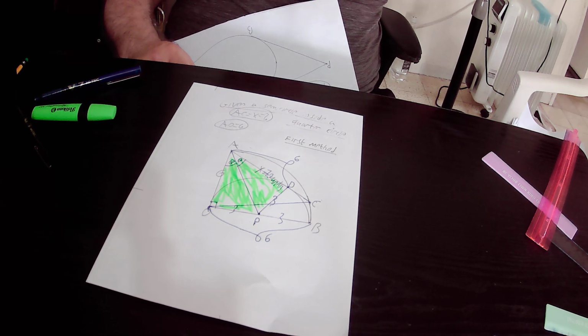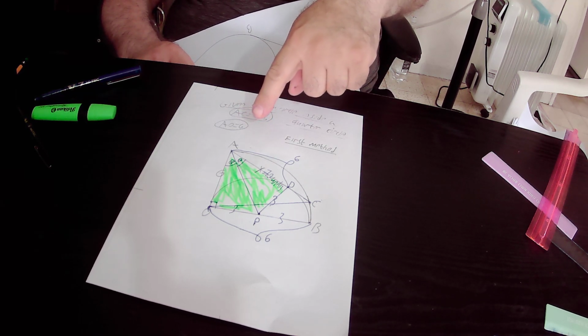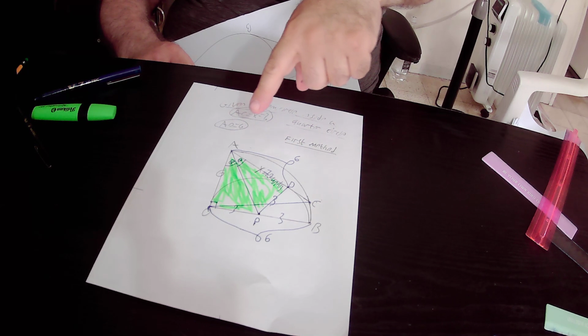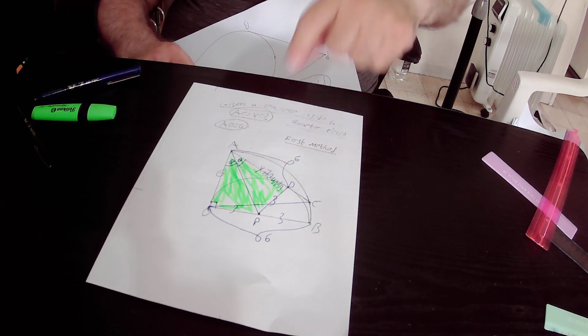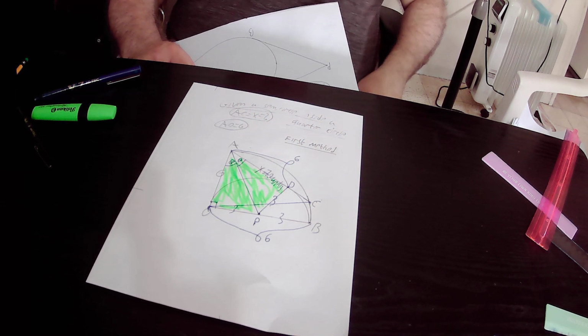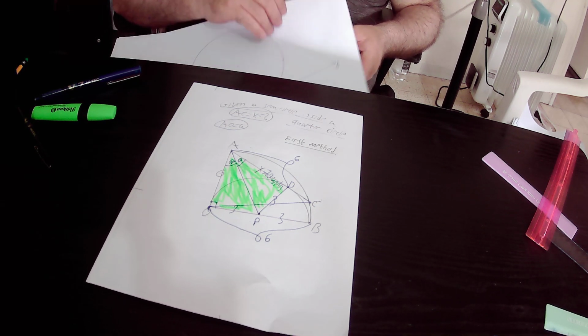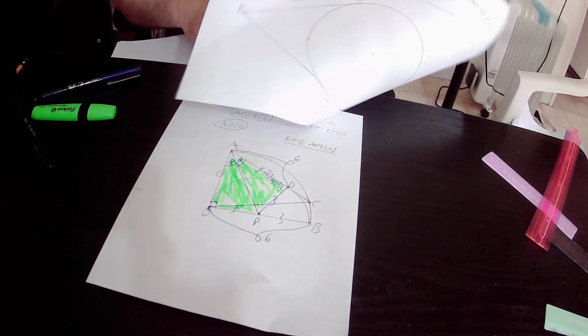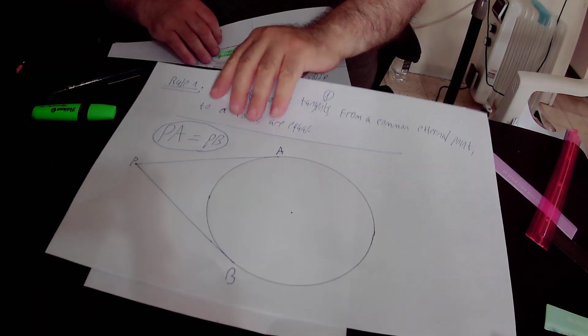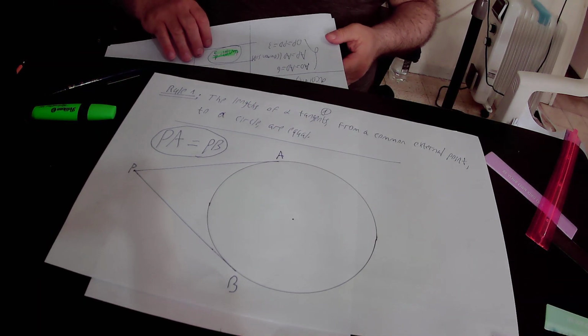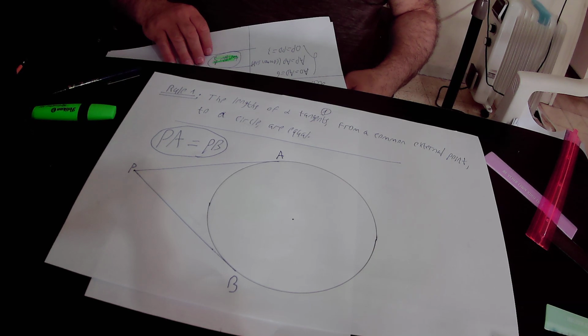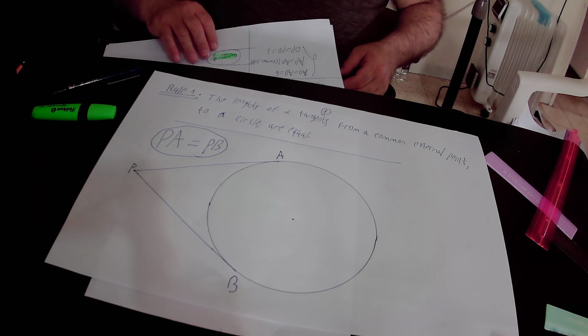Okay, then we joined together points A and P by a straight line, and then I presented to you rule number 1. According to rule number 1, the lengths of two tangents from a common external point to a circle are equal.